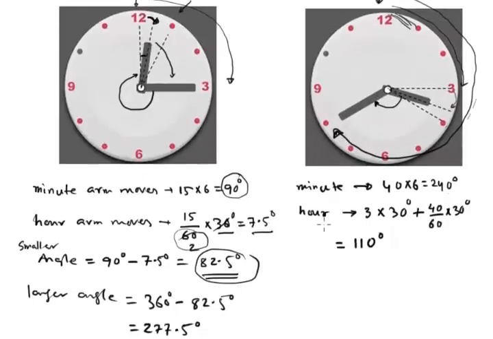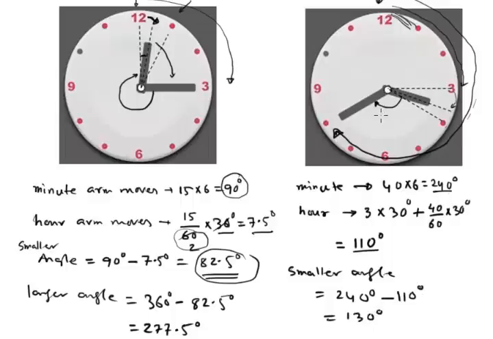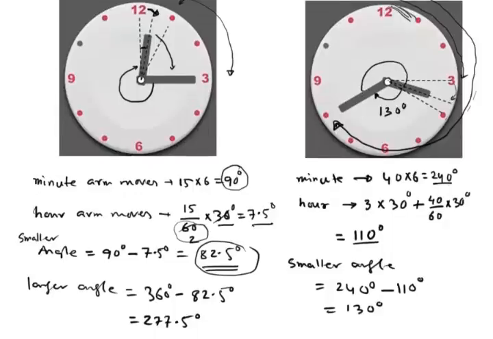So the smaller angle between the hour arm and minute arm will be the minute arm's position, 240, minus the hour arm's position, 110. So it will be 130 degrees. So this small angle is 130 degrees. So now this large angle, we can find it.